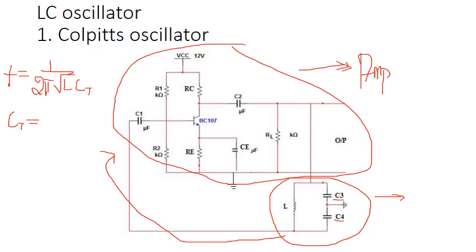These two capacitors in series will be C3 into C4 divided by C3 plus C4. So this is the total capacitance, and the frequency of oscillation is 1 upon 2 pi square root of L into C total.